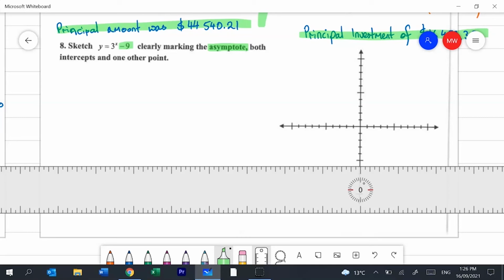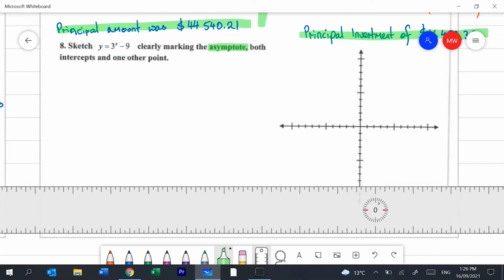Now, this has got an asymptote because this graph is going to be exponential. You notice how here we usually have x to the something, and there's a number at the top, but this time we've got an x as the indice. When that happens, we get something called an exponential. And then this value on the end here, which is our constant, becomes the asymptote.